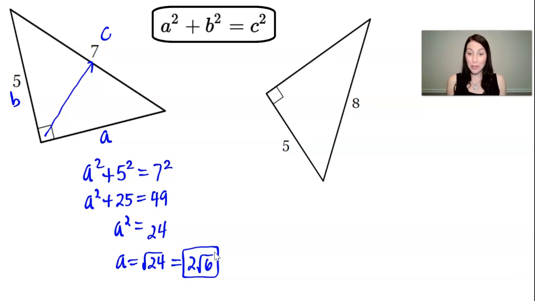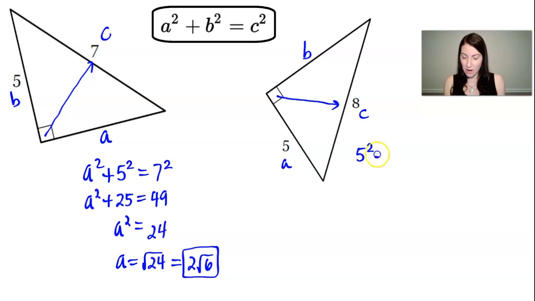Now let's look at a similar example where once again, they give me the hypotenuse c, but this time I'm going to say the missing side is b and the side that they give me is a. Again, you can label a and b as either of the two legs that are not the hypotenuse. Setting up the Pythagorean theorem, I would have 5 squared plus b squared equals 8 squared, or 25 plus b squared equals 64.